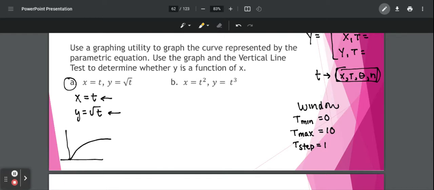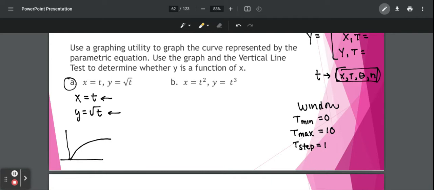So in B, we're doing the same thing. Go back into your y equals, but this time you're going to graph t squared in your x1, and t cubed in your x2. And so now for our window, let's go -5 to 5 for t.